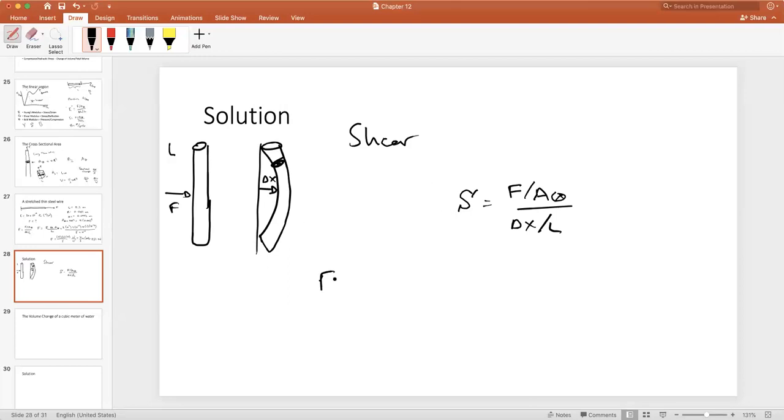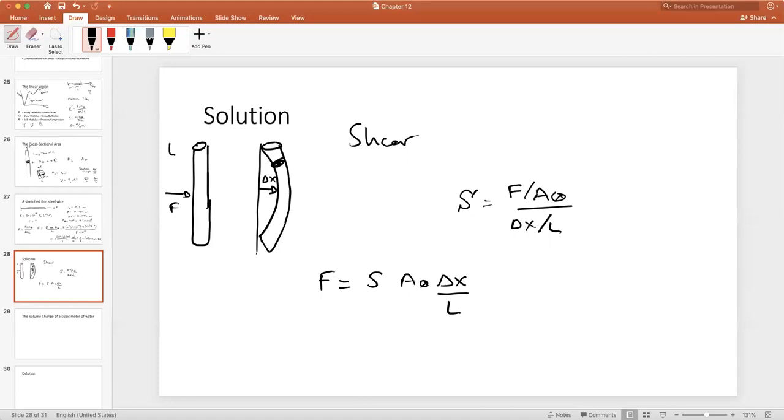And you would get that the force was the shear times the cross-sectional area times the change in X over L, which is just the deflection. It's exactly the same though. Instead of a length change, you're talking about a deflection curve. Everything else is exactly the same as what we just did.